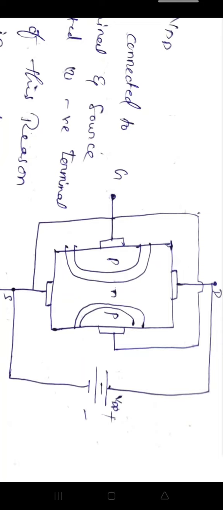Then we call this arrangement forward biased configuration. So when it is reversed, meaning lower potential is connected to the P type material and high potential is connected to the N type material, then we call it reverse bias condition.